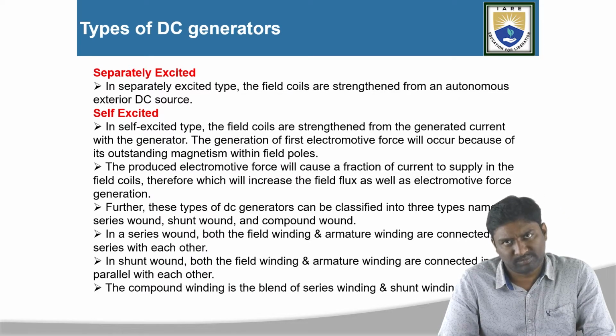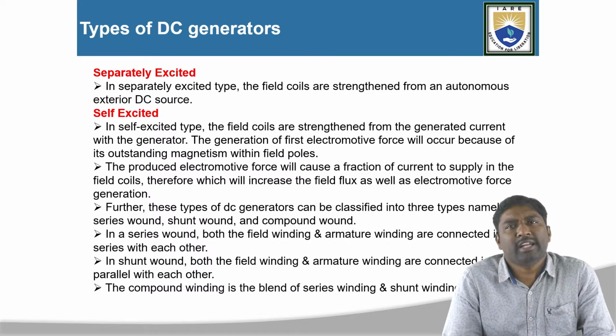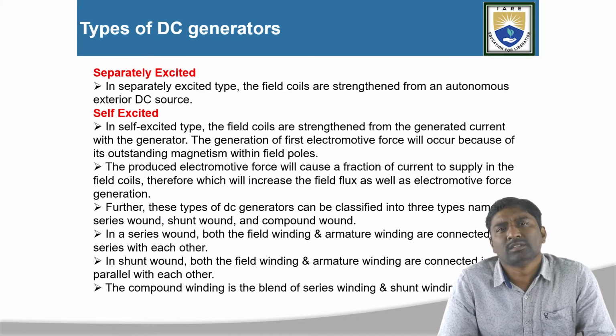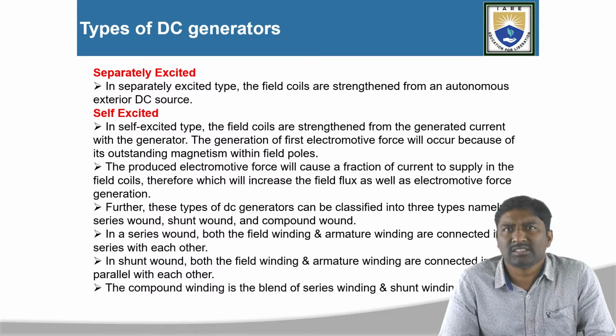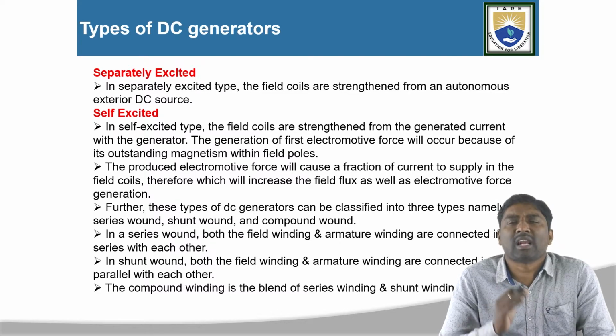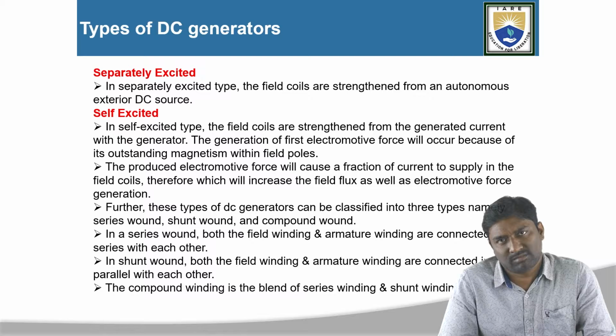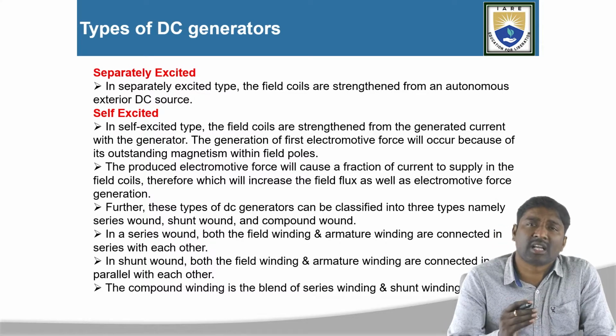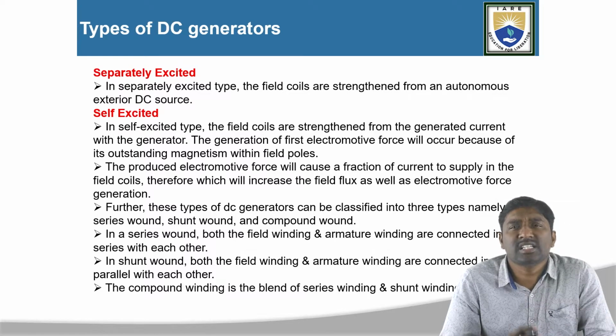If the field winding and the armature winding are connected in parallel with each other, then that type of DC generator is called a DC shunt generator.